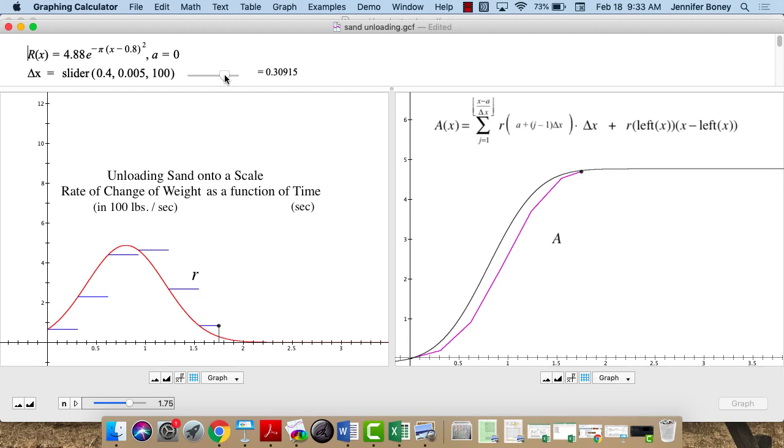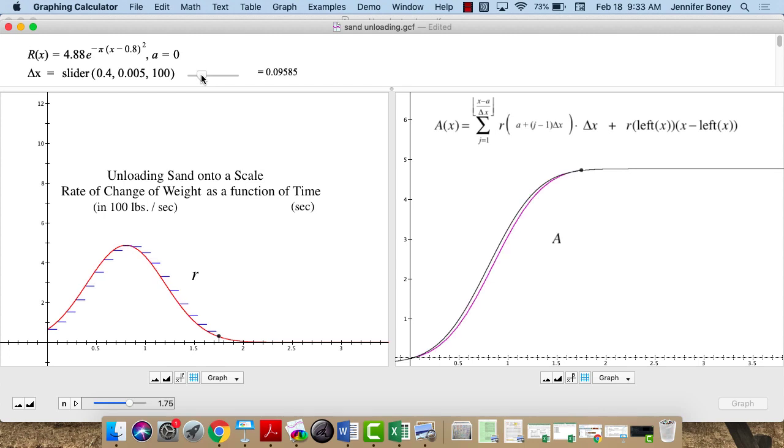They're definitely the same type of shape, goes up and over, meaning increasing weight first slowly, then more quickly, and then slowly again. But you can also see as this delta x gets smaller, this purple curve gets closer and closer to what I had before, this black. Now what I actually have as the black curve there is not really an approximation.